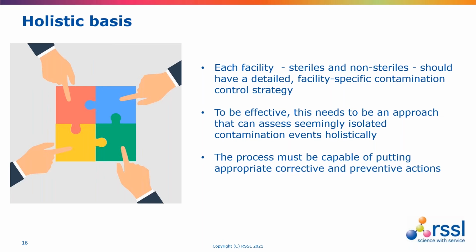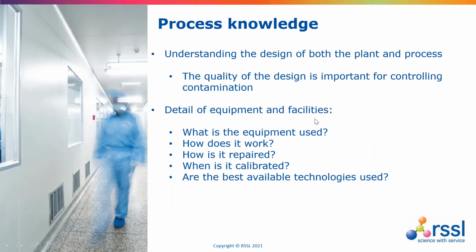appropriate preventative actions. Also, to develop a suitable contamination control strategy, we need to have a good level of process knowledge. So we need this in order to completely understand the different hazards and risks.